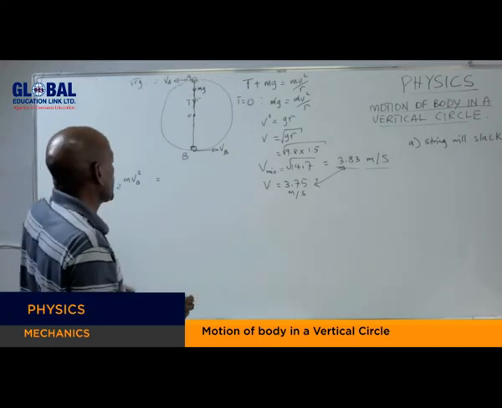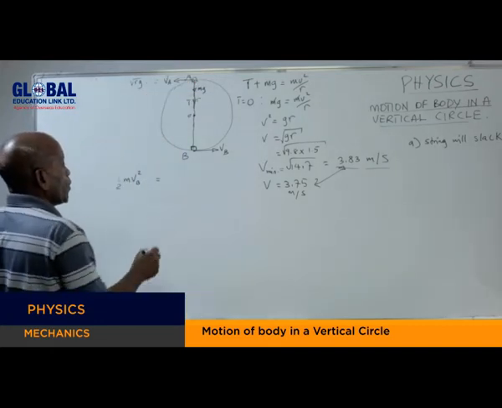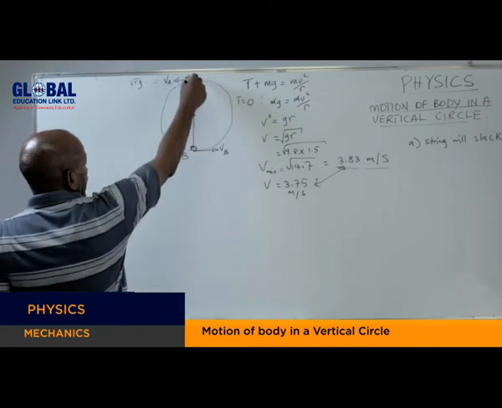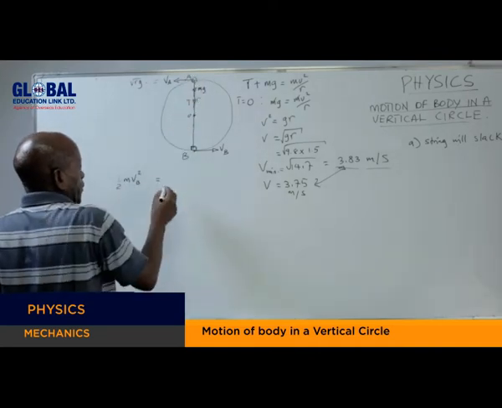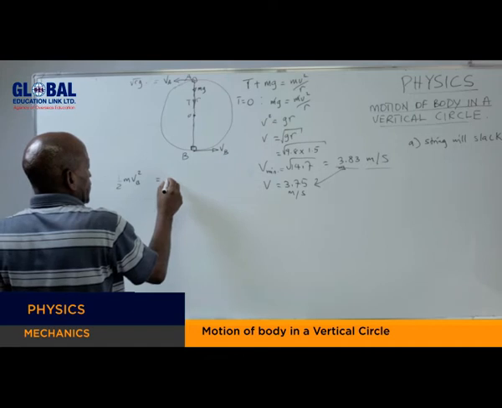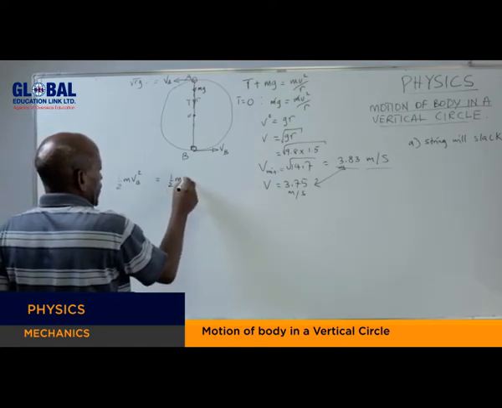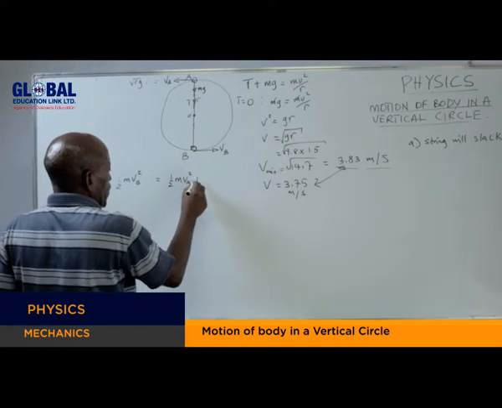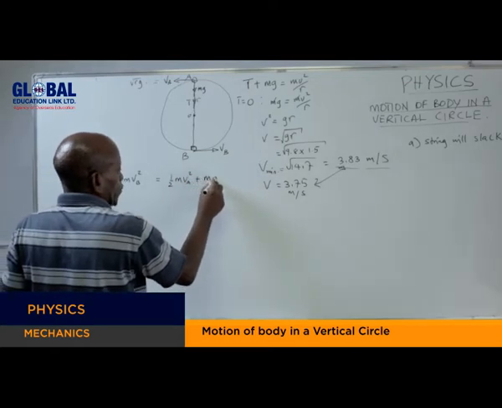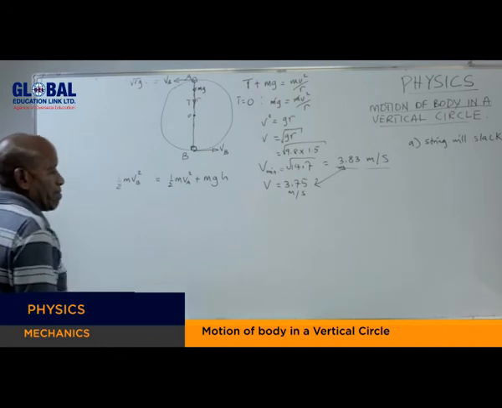The total energy at the top is the kinetic plus potential. The kinetic energy is a half times mass times velocity at the top squared, plus the potential energy, which is mg times h.